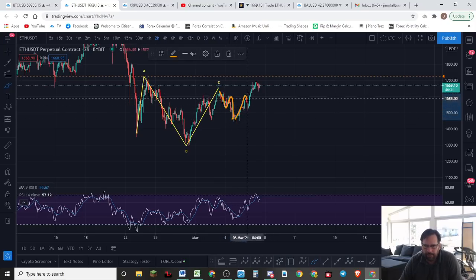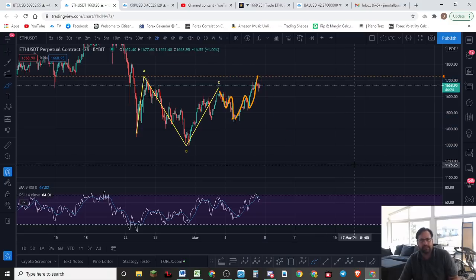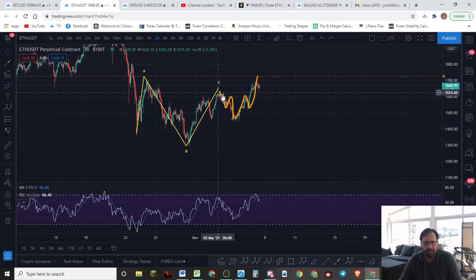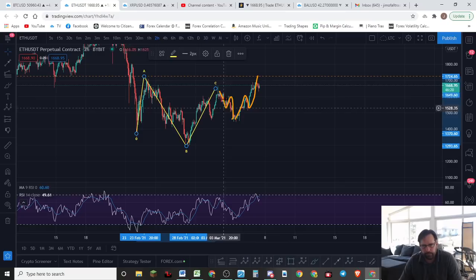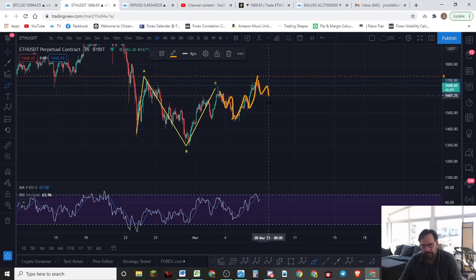And this right here is another 3-wave move, guys. I'm expecting one more hit to the high before it comes on down. Most likely that's the way it's going to play out. So what we have now is a 3-wave move to the downside. Then we have another 3-wave move that goes to the upside that breaks the high, and that's a telltale sign for, you guessed it, another flat. And I'm looking for 5 waves down like that.